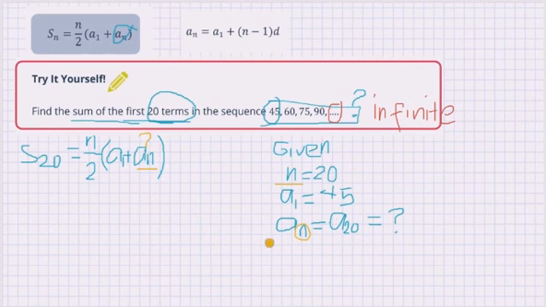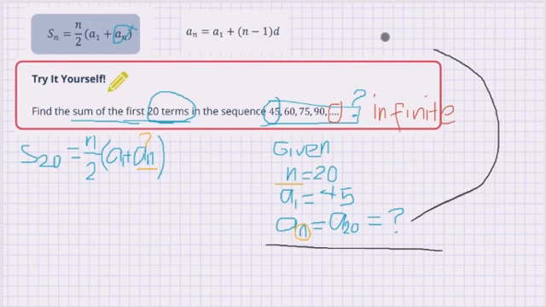So to get that 20th term, of course, we need to go back to the general term or formula of the arithmetic sequence.